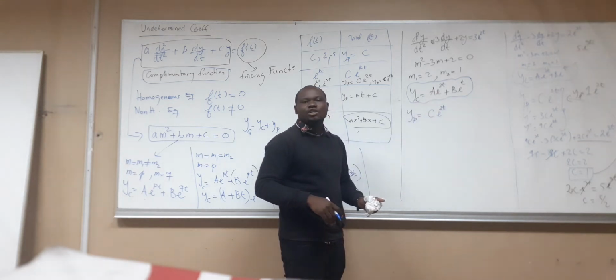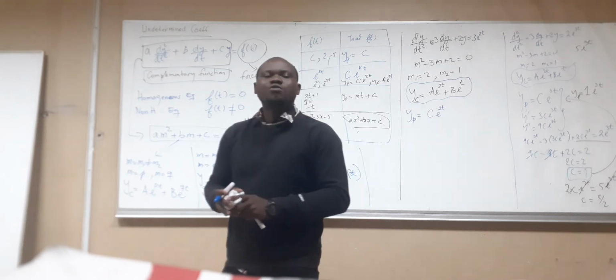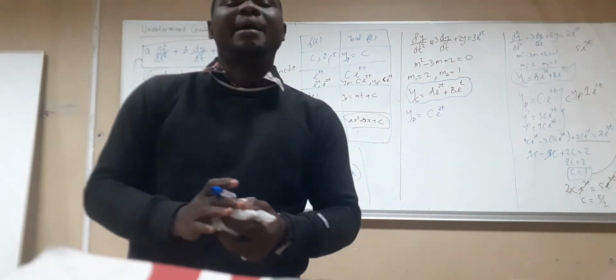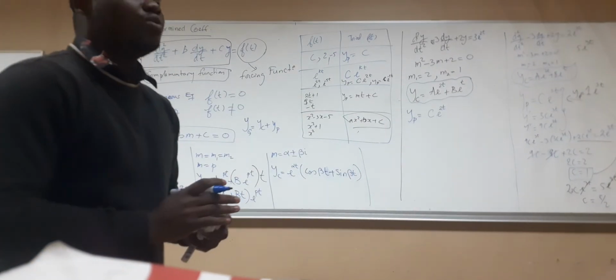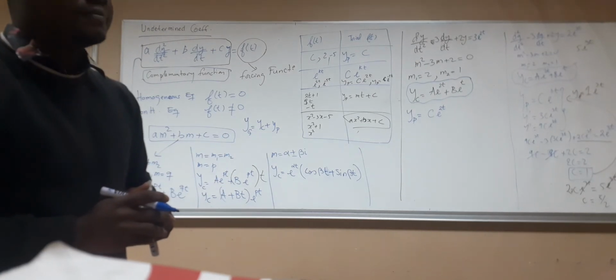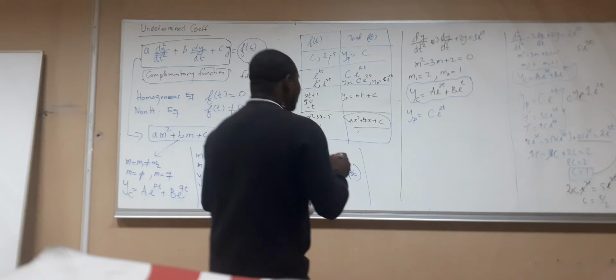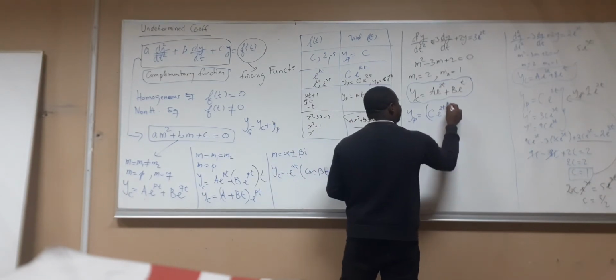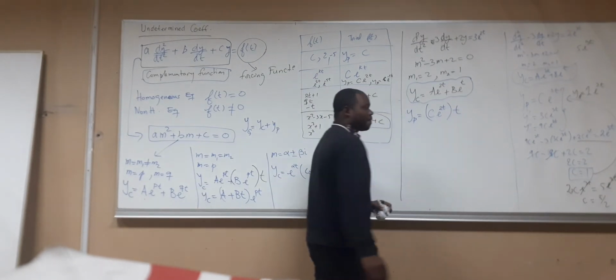So it's going to clash. To remove that, you have to multiply it by your variable, and our variable here is t. So you have to multiply it by t.